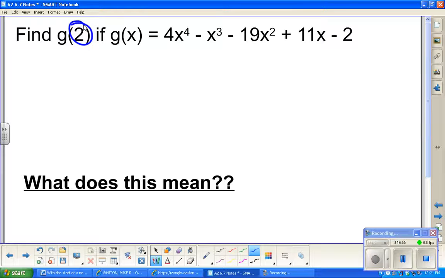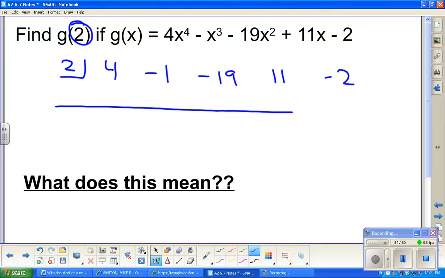So I'm going to use 2, and my coefficients are 4x to the 4th, negative 1x cubed, negative 19x squared, 11x, and negative 2 as the constant. Then we have the process. Hopefully you worked this out. Bring your 4 down and multiply. Negative 1 plus 8 is 7, multiply by 2 is 14, add, negative 5, multiply by 2.